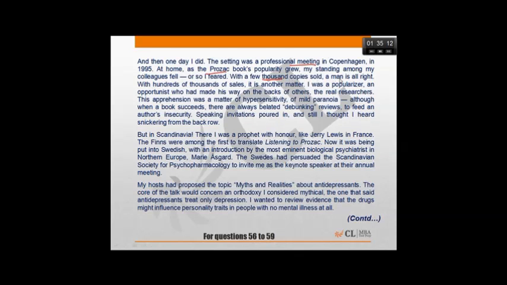The setting was a professional meeting in Copenhagen in 1995. At home, as the book's popularity grew and my standing among my colleagues fell, or so I feared.